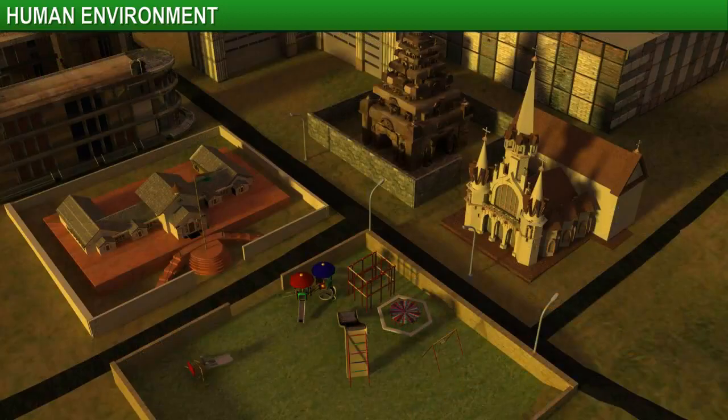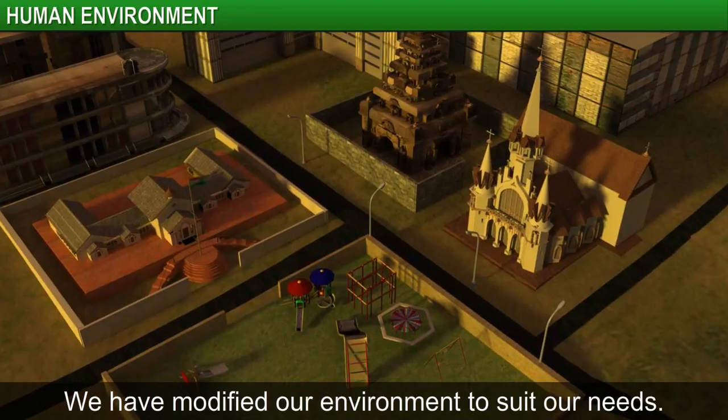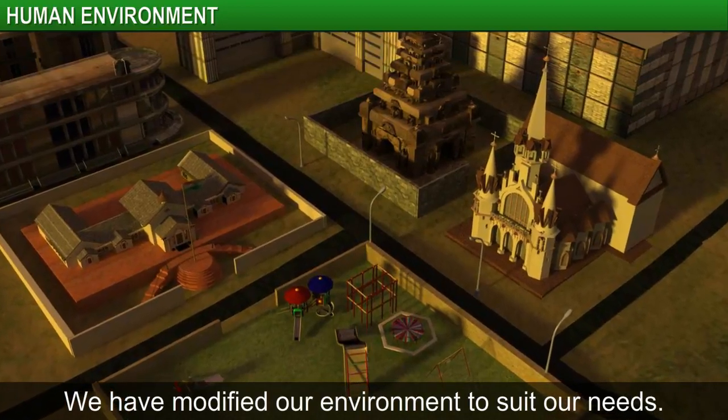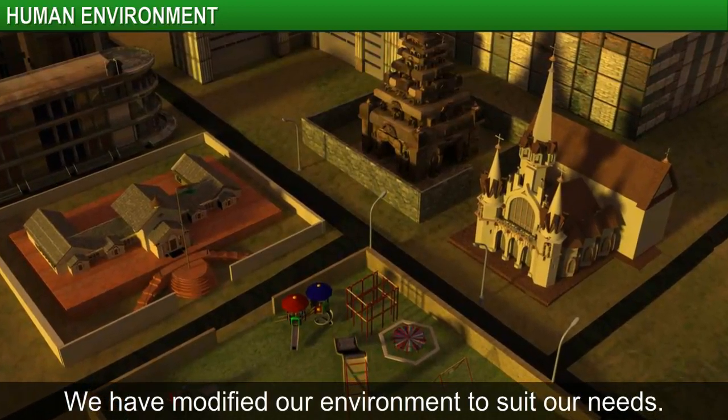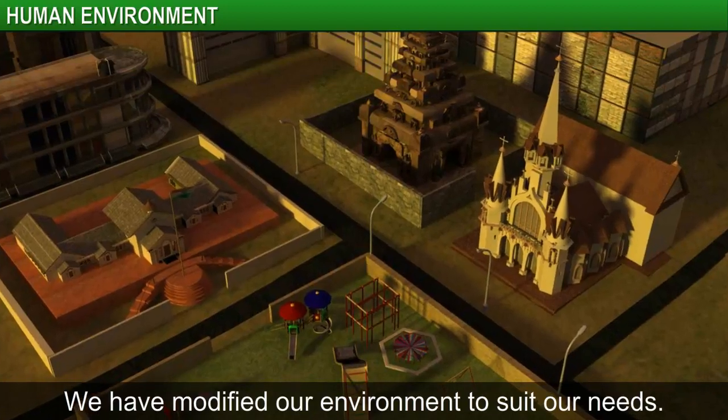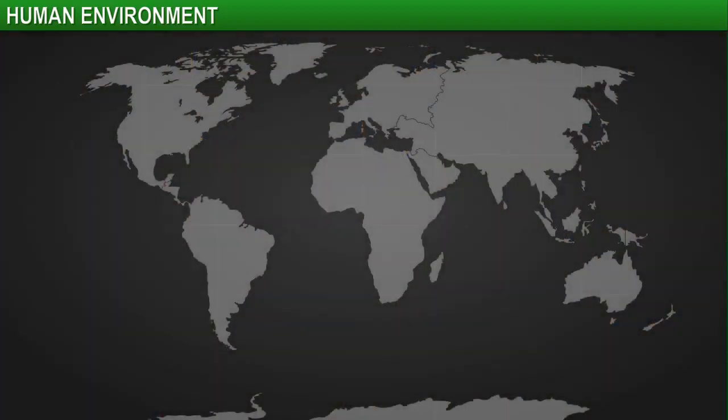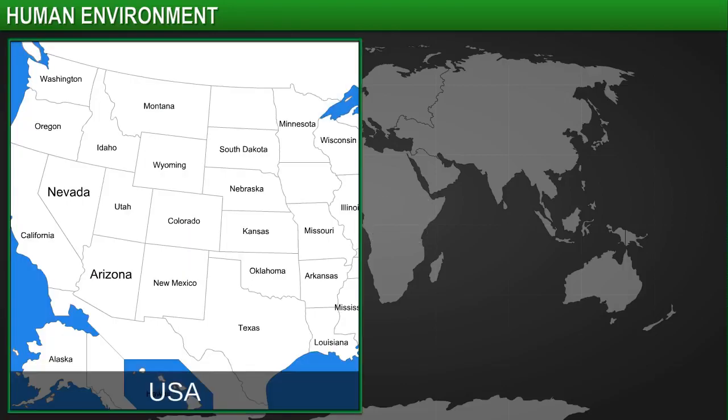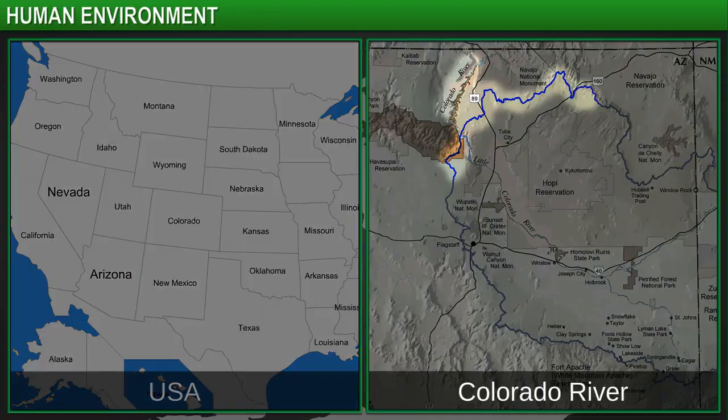If you look around, you will find that we have modified our environment in so many ways to suit our needs. For example, in 1936, the Hoover Dam was built in Black Canyon of the Colorado River in the USA.